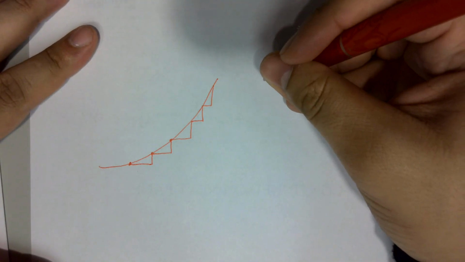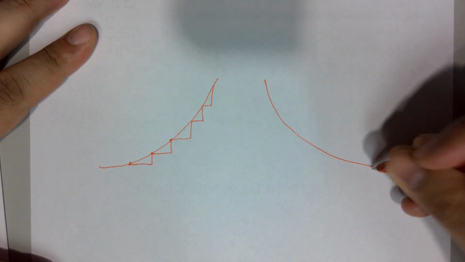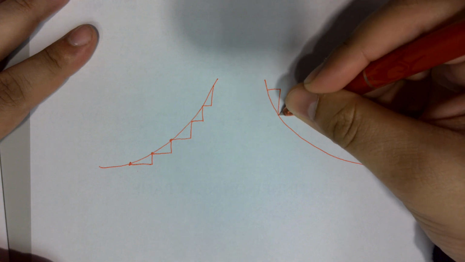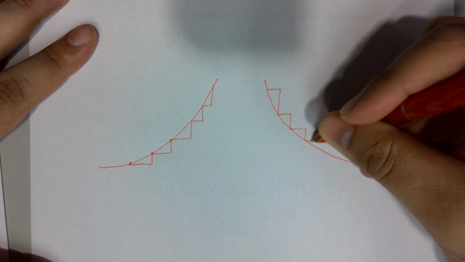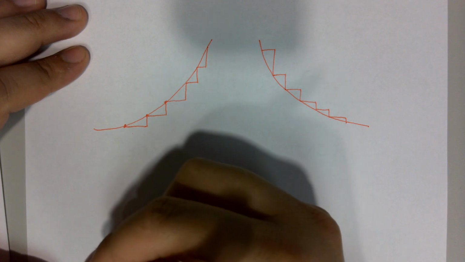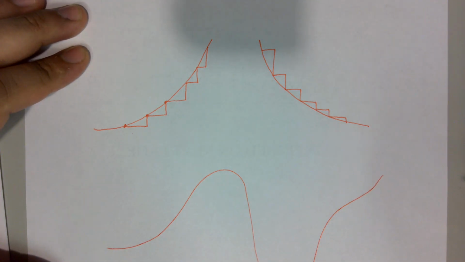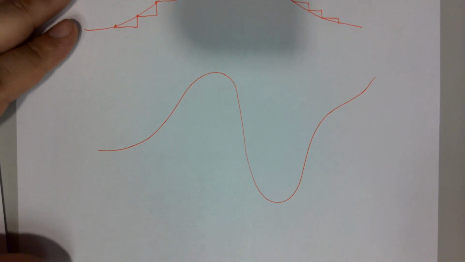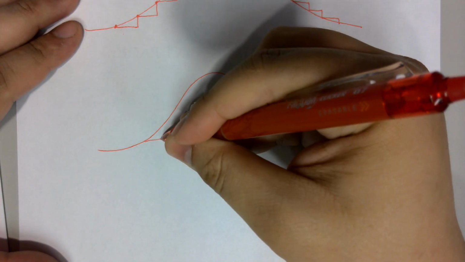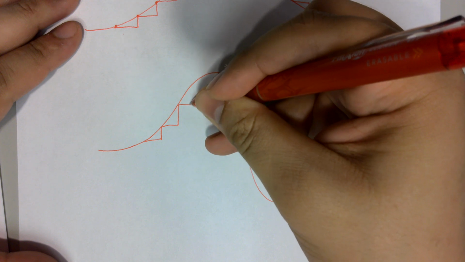What if we have a function that looks like this? Well, every time we go to the right, we have to go down. Right, down, right, down, right, down. So this is decreasing. And so for any function, even if it's doing some crazy stuff, we can always figure out where it's increasing or decreasing just by evaluating as we move to the right, are we having to move up or down? So over here, right, up, right, up, right, up.